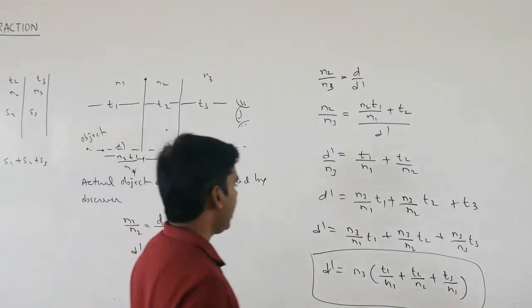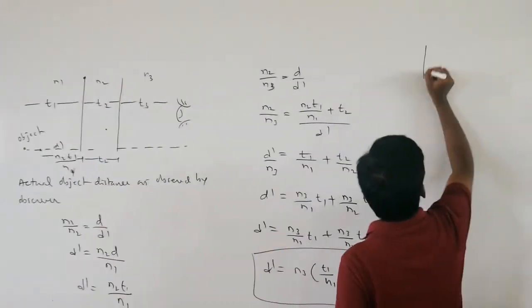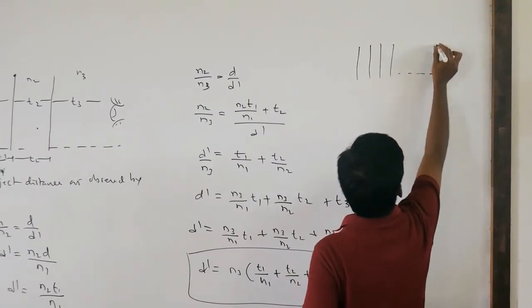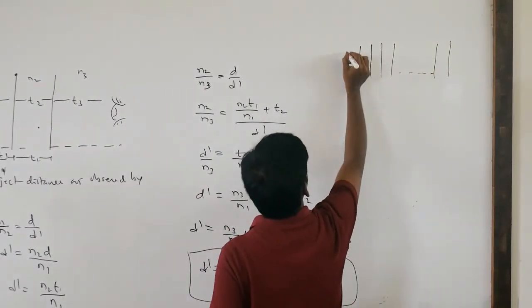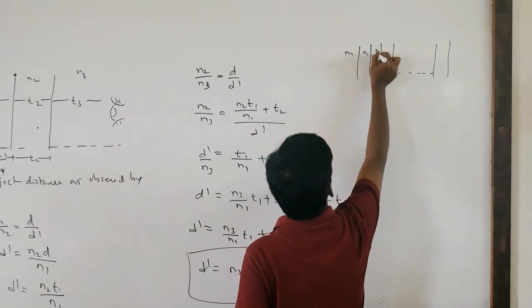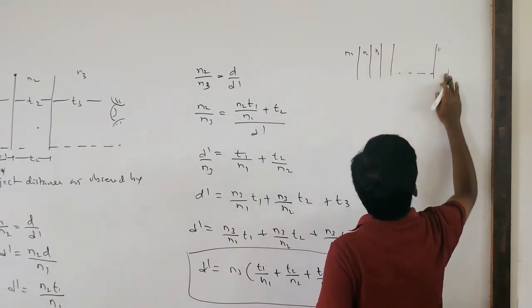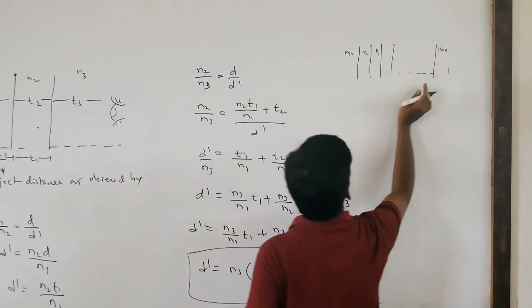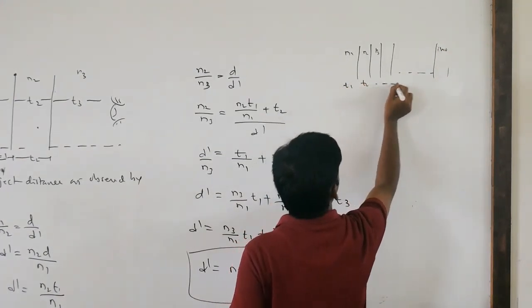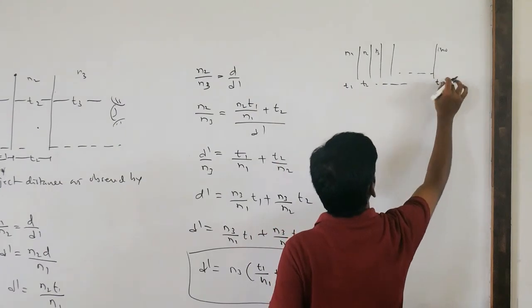If there are n number of glass slabs, with N1, N2, N3 and so on, I will take the outside medium as, say, N naught, and the thicknesses T1, T2 and so on, with the last one as T naught.